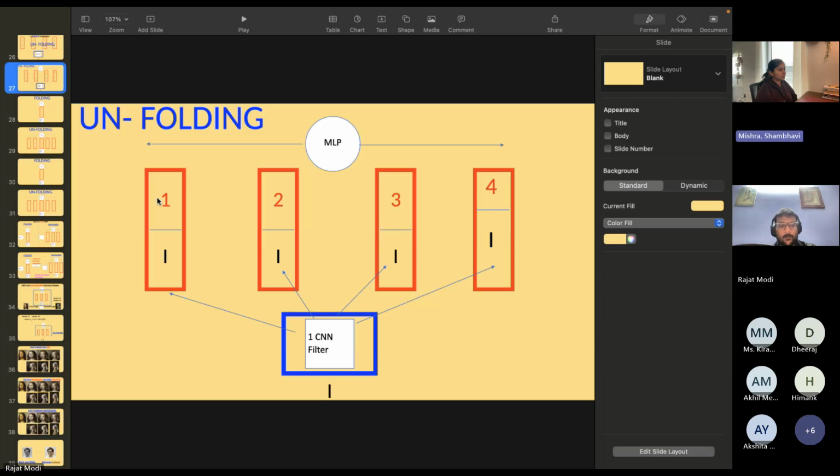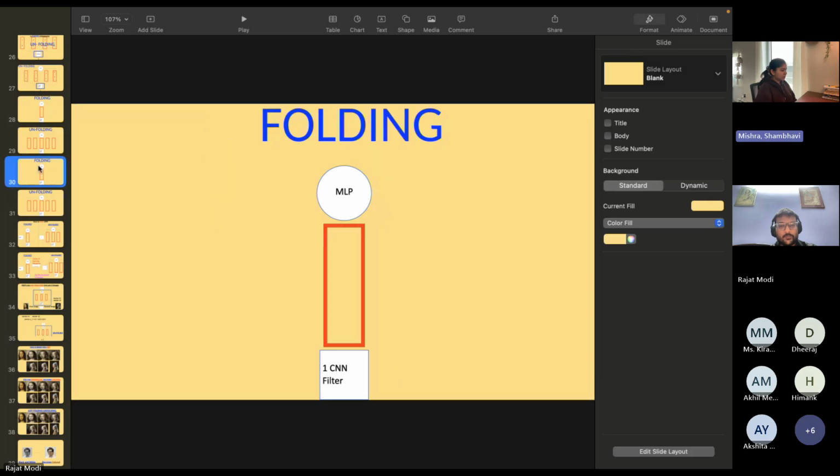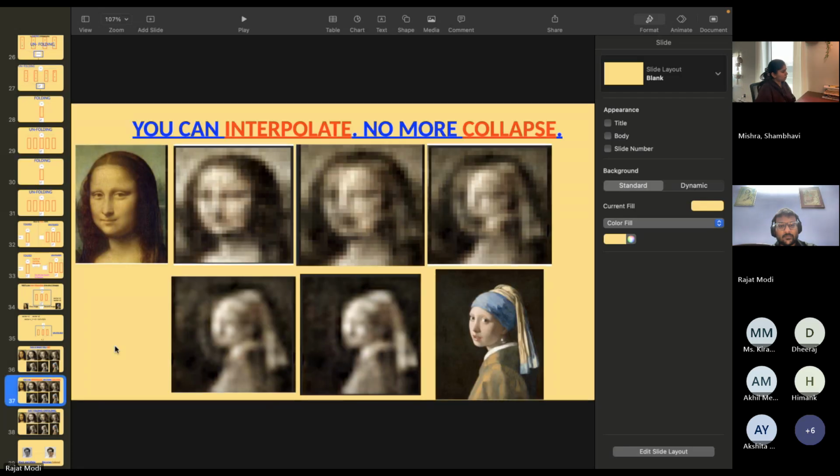There's another question in the chat. Does it generate high quality images, because the transformation between folded and unfolded state is lossy? Yes, you can generate very high quality images using it. In fact, we have tested that it can generate images up to 1024 by 1024 resolution.